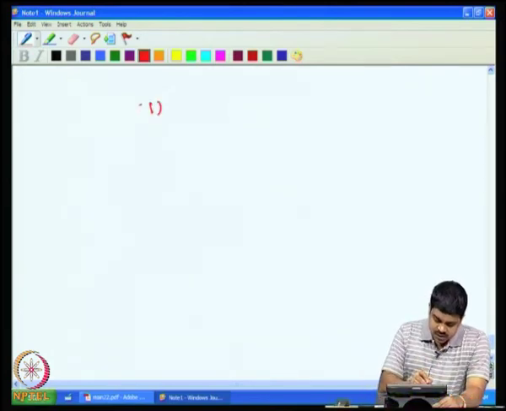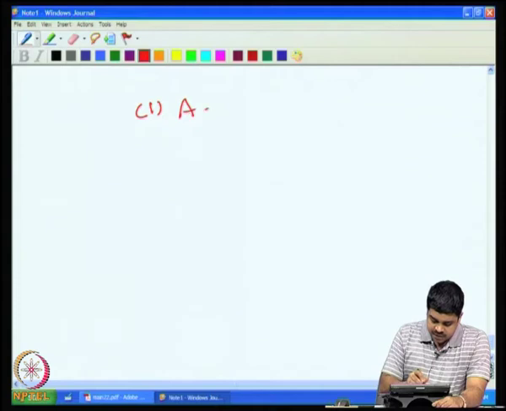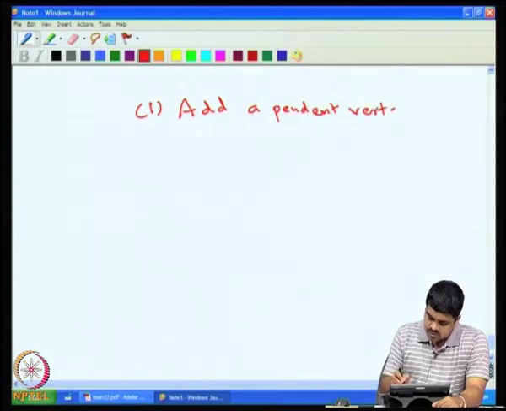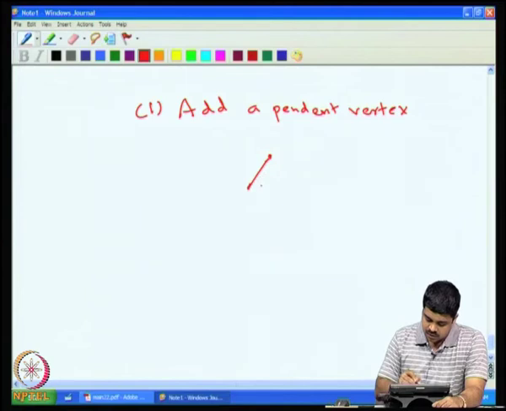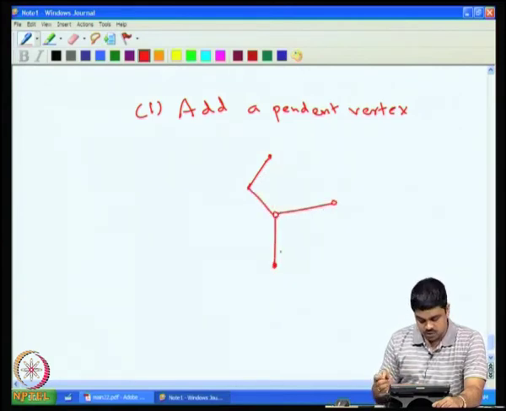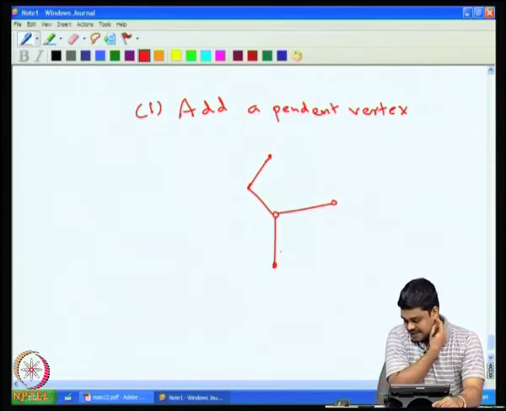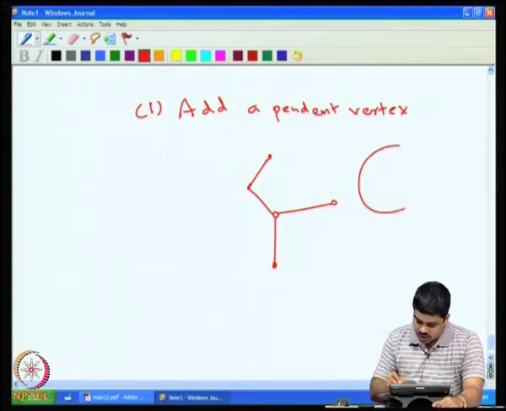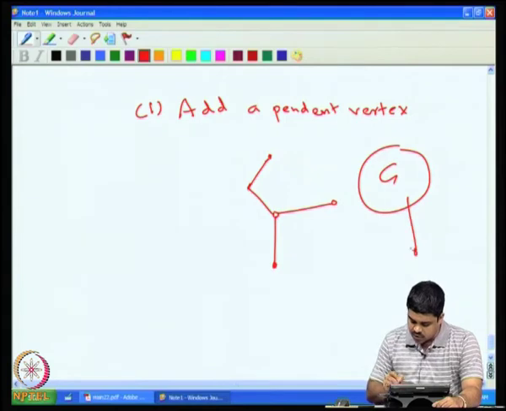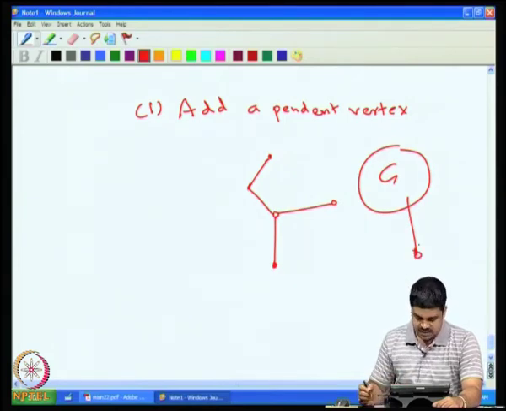One is to add a pendant vertex. For instance, if this is a series parallel graph, we can add a pendant vertex like this, and that is allowed. So the trees are all series parallel graphs.